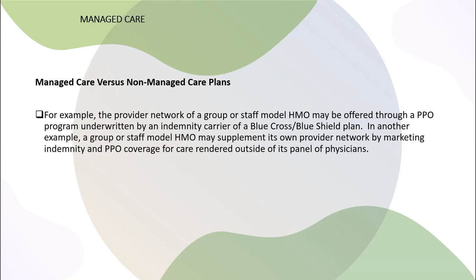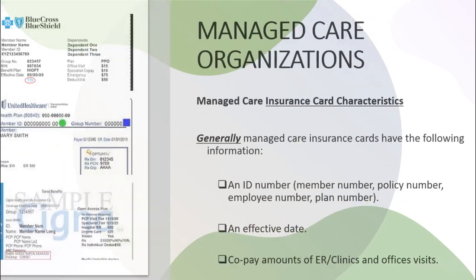For example, the provider of a group or staff model HMO may be offered through a PPO program, underwritten by an indemnity carrier, a Blue Cross Blue Shield plan. In another example, a group or staff model HMO may supplement its own provider network by marketing indemnity and PPO coverage for care rendered outside of its panel of physicians.